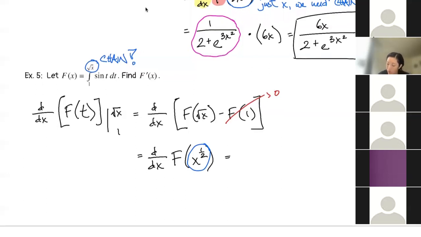Now, the function that we're going to have in our final answer, what is it going to be? What is the function in our final answer going to be?